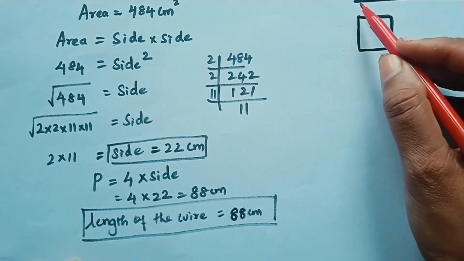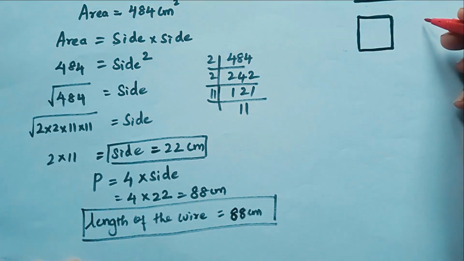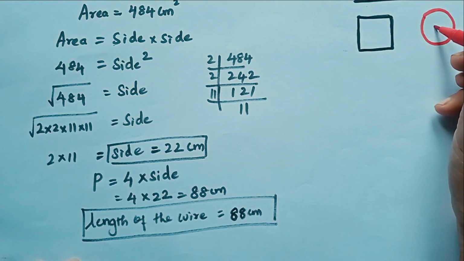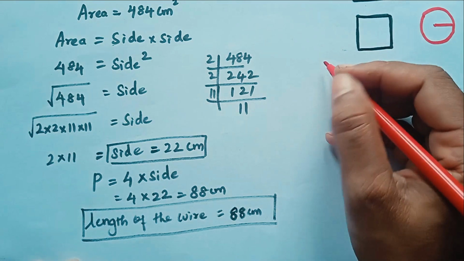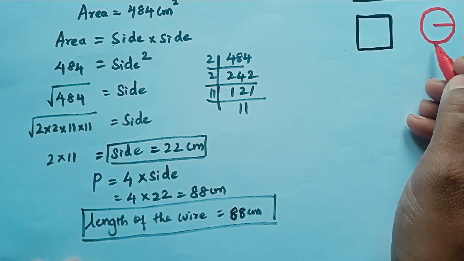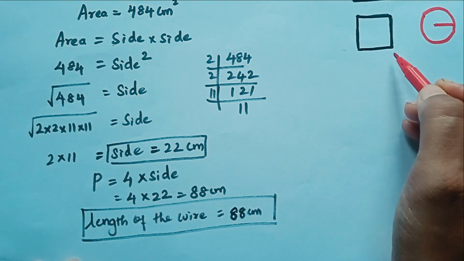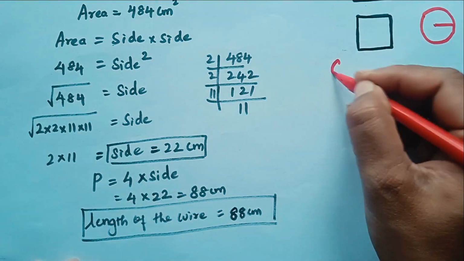Now the same wire is bent to form a circle. Now we need to find the radius of the circle and also the area of the circle. To find the area and the radius of the circle, we need to find the circumference.